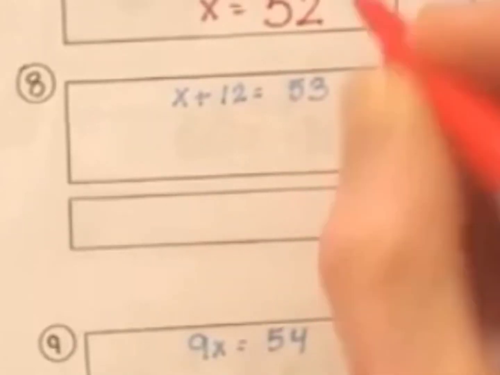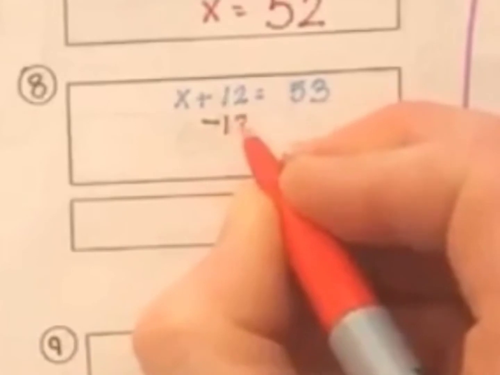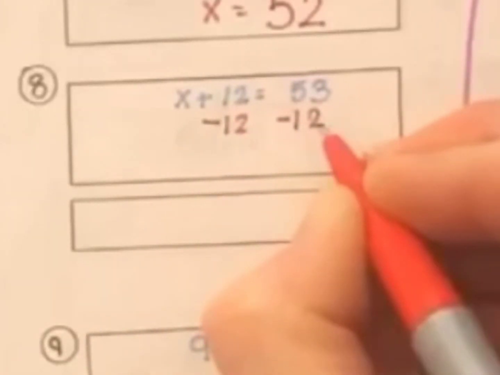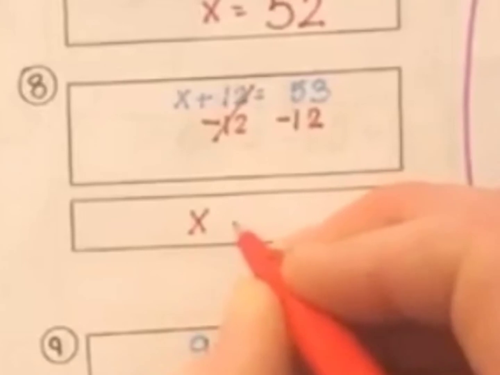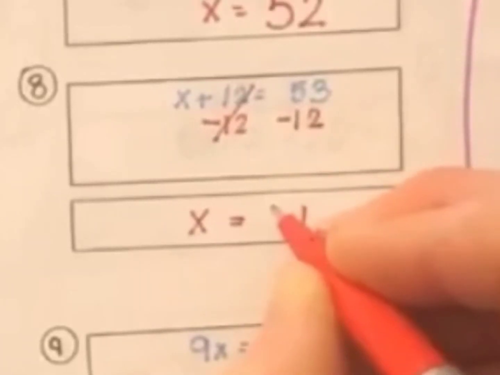On to number 8, x plus 12 equals 53. Subtract 12 from both sides. X equals 53 minus 12 is 41.